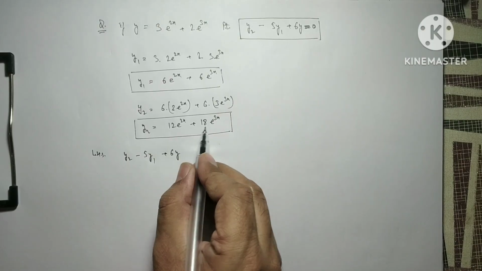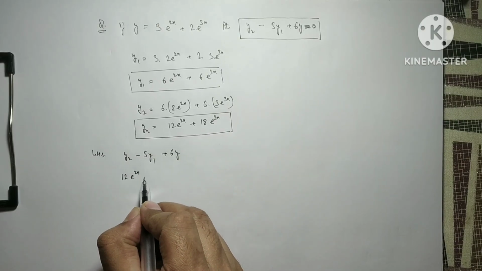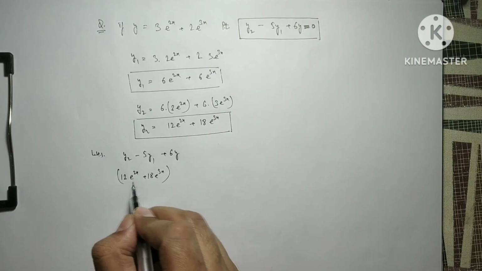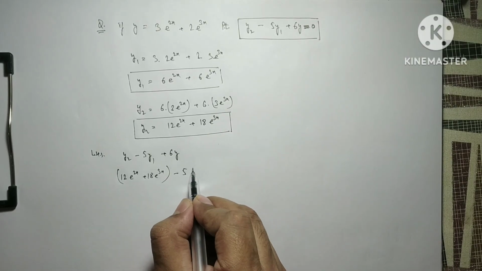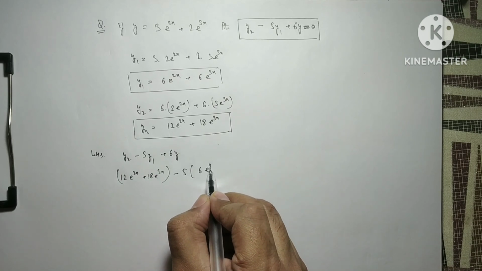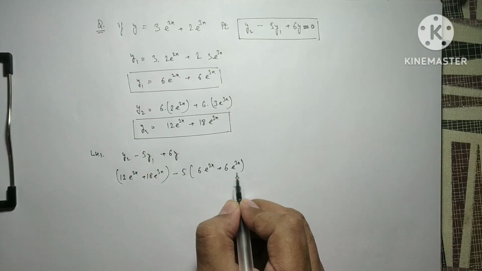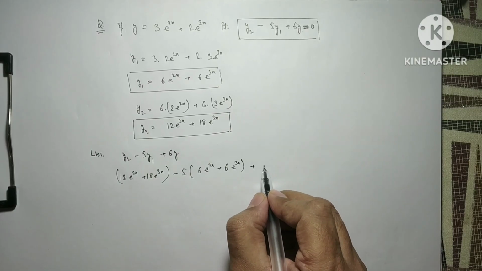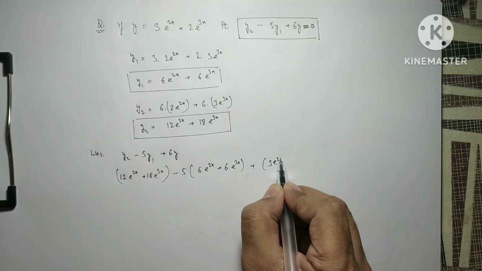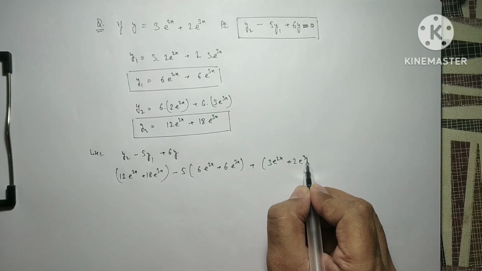So y2 is 12 e to the power 2x plus 18 e to the power 3x, minus 5 times y1, which is 6 e to the power 2x plus 6 e to the power 3x, and y is the given expression e raised to power 2x plus 2 e raised to power 3x.